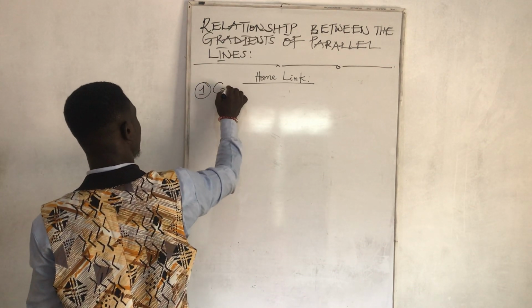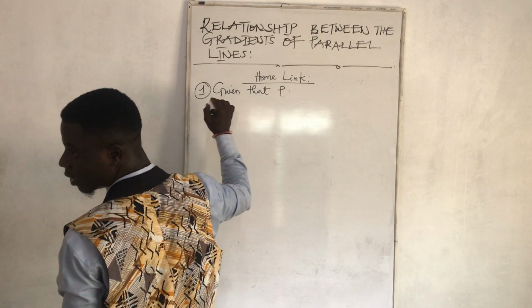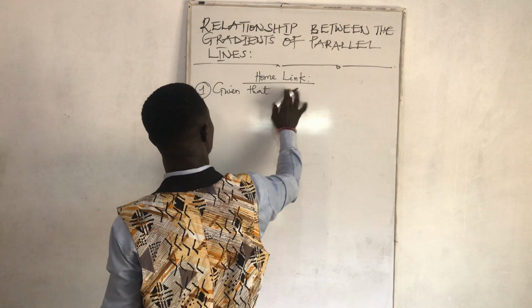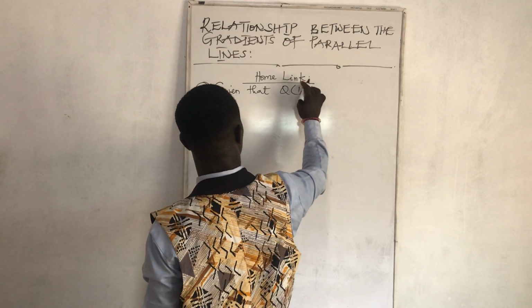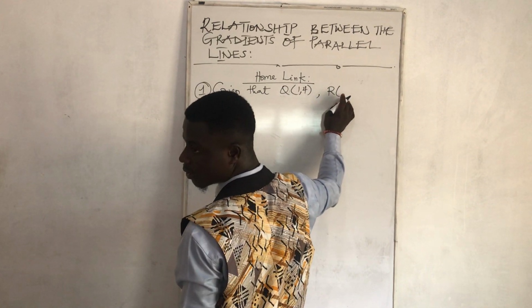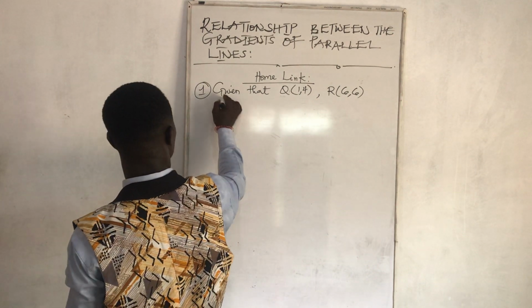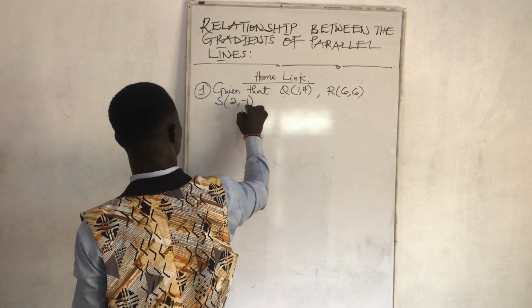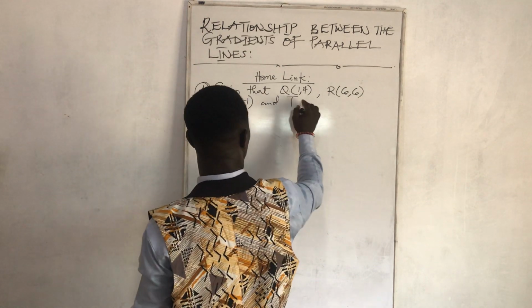Given that point Q is (1, 4), point R is (6, 6), point S is (2, -1), and point T is (12, 3).